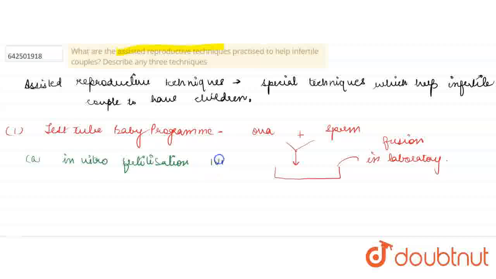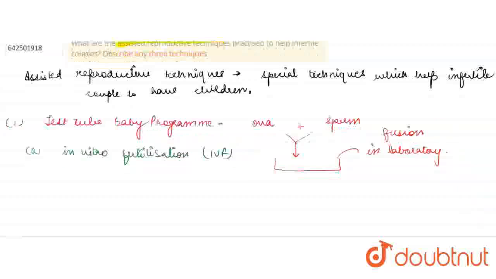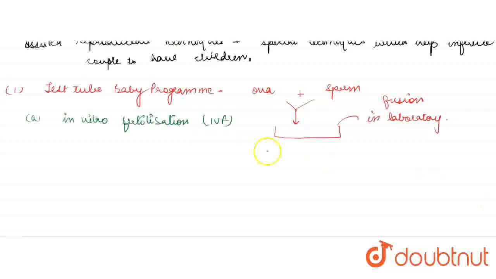Further, the zygote that is formed needs to be transferred within the uterus, so it is done by two methods. The other part of this test tube baby program is the embryo transfer technique, and this embryo transfer can be done in two ways.